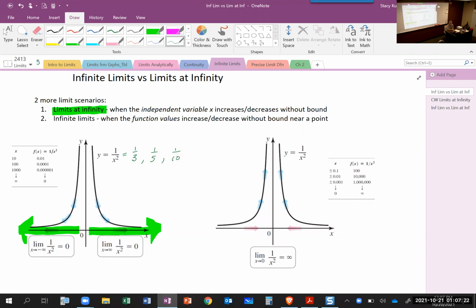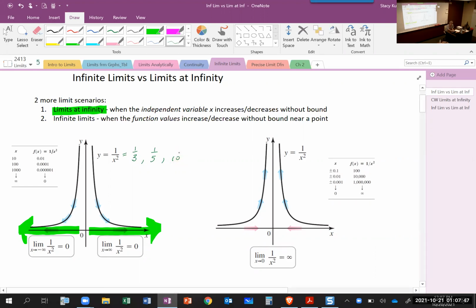What's happening to those numbers? They're getting smaller and smaller and smaller, right? As the denominator is getting incrementally larger, the value of the function is getting smaller, isn't it? The limit of this is going to 0.